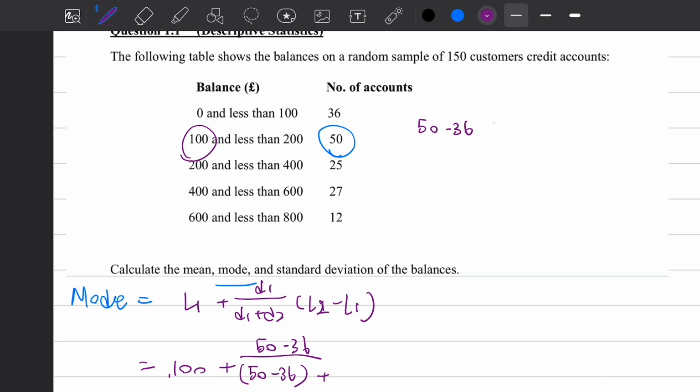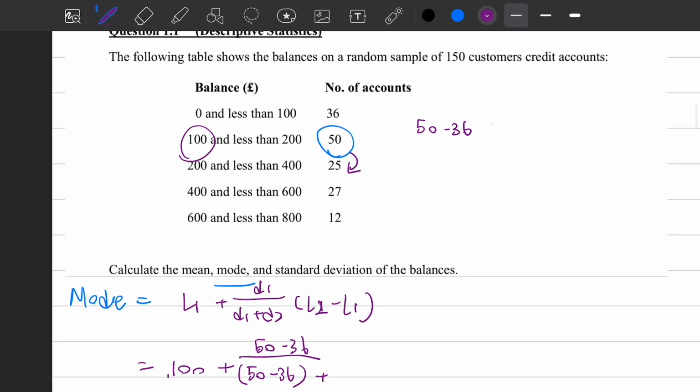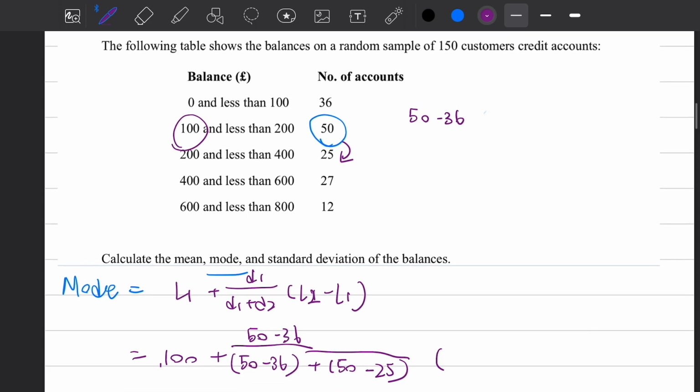And D2 represents the frequency of the modal class minus the following class, which is 50 minus 25, and should always be positive. Then the upper boundary of the class is 200, because this is 200 minus 100.